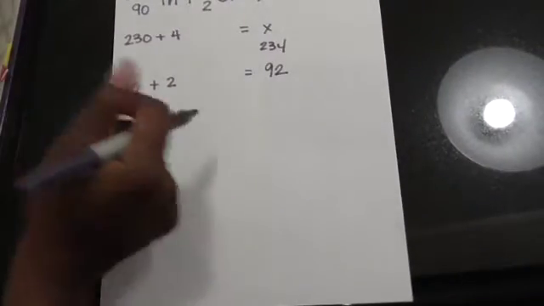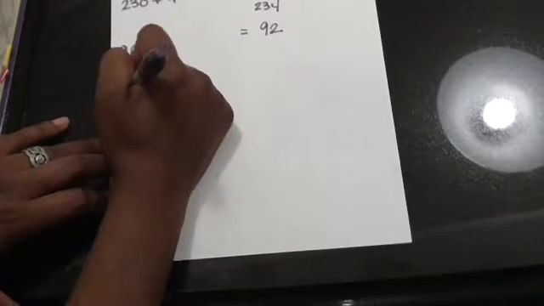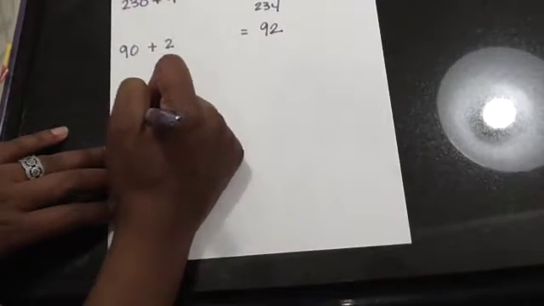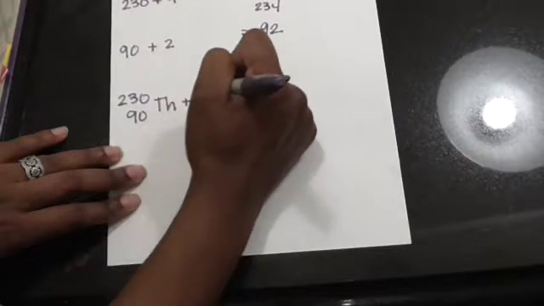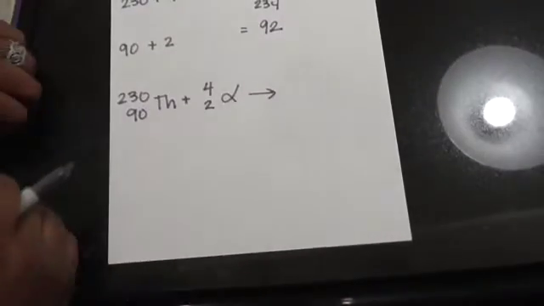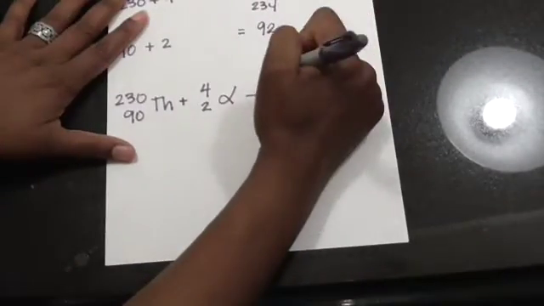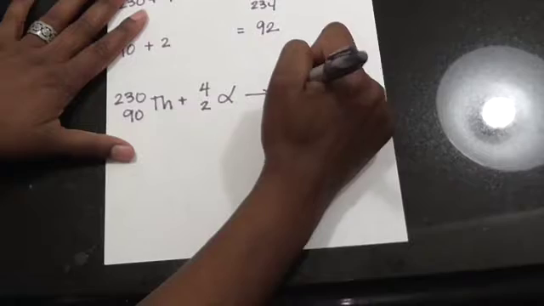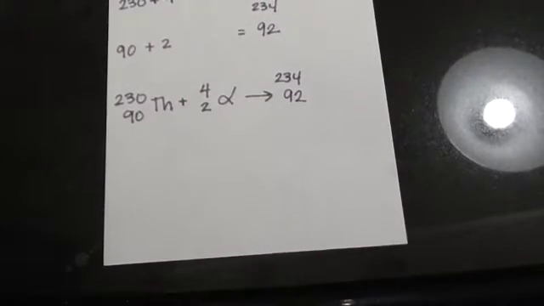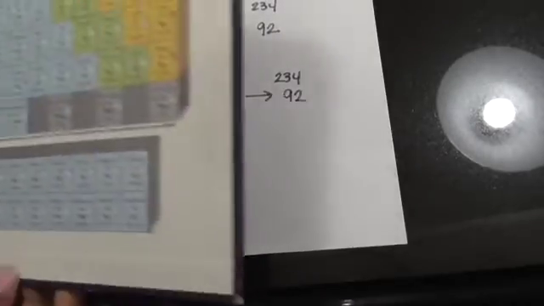Now, I'm going to rewrite the problem. 230, 90 thorium plus 4, 2 alpha gives me, I'm going to look for the atom that has 92 as its atomic number.